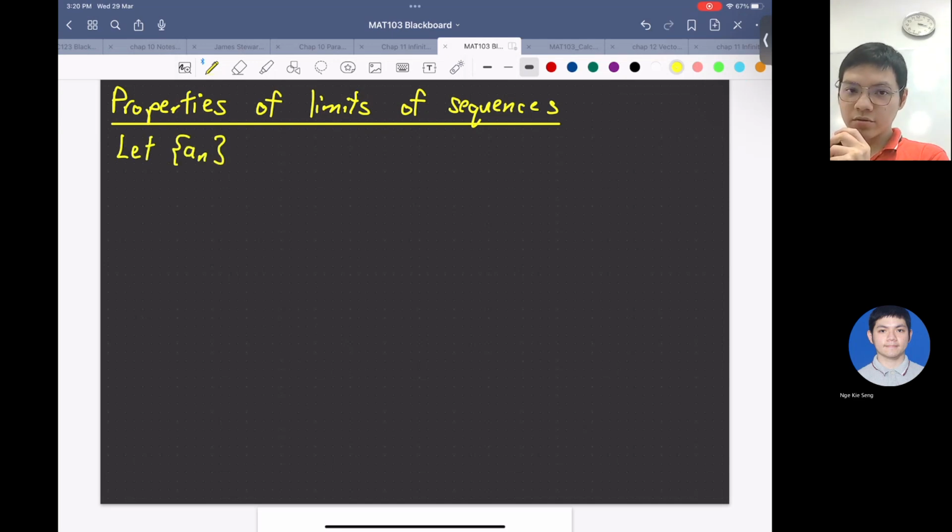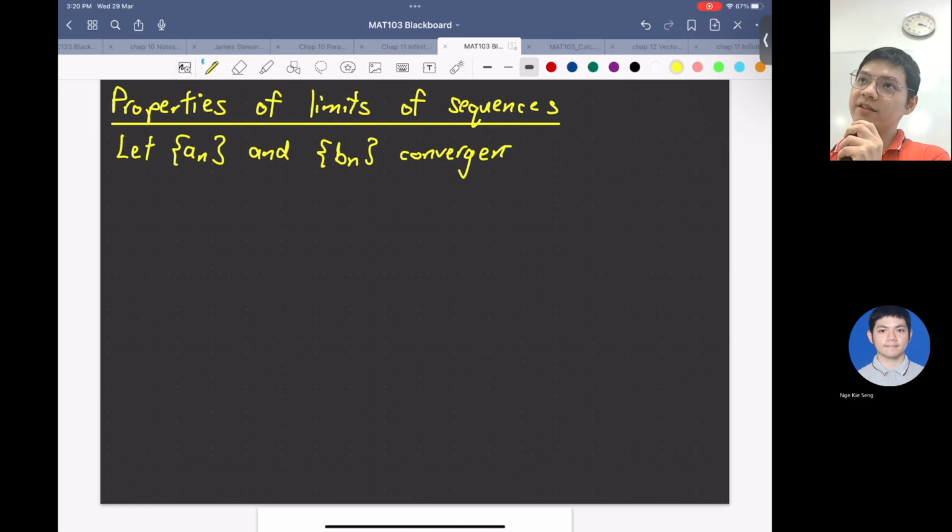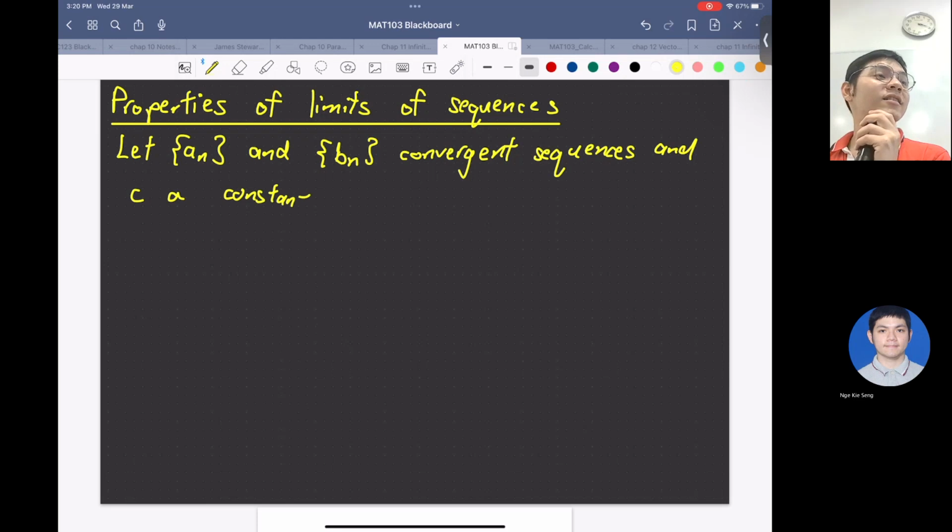So let's take two convergent sequences. In your mind, you should have some convergent sequence. What's the most obvious convergent sequence? Can you think of an obvious convergent sequence? Sorry? 1 over n squared. Yeah, okay, but there's an even more obvious one. Yes, constant sequence.